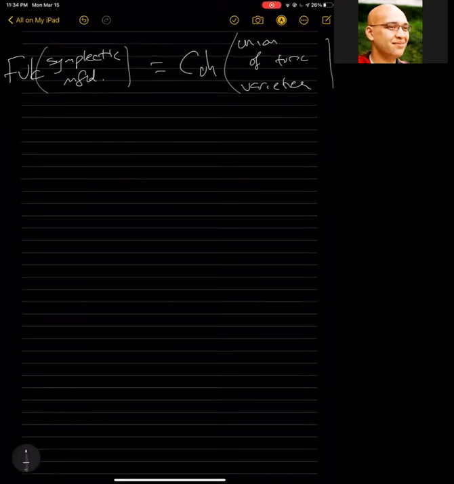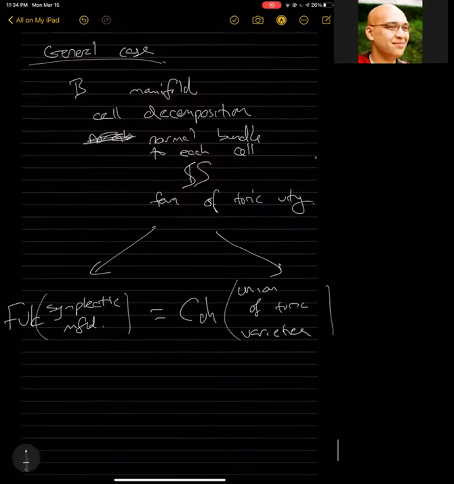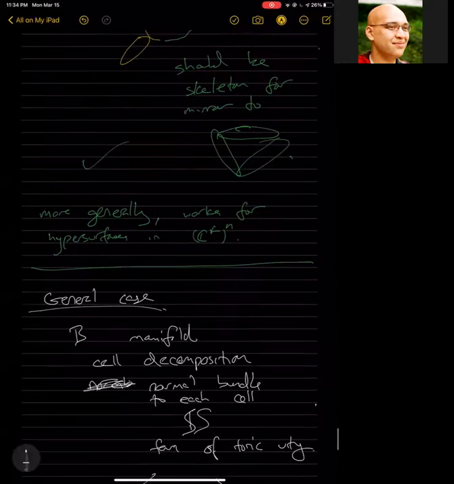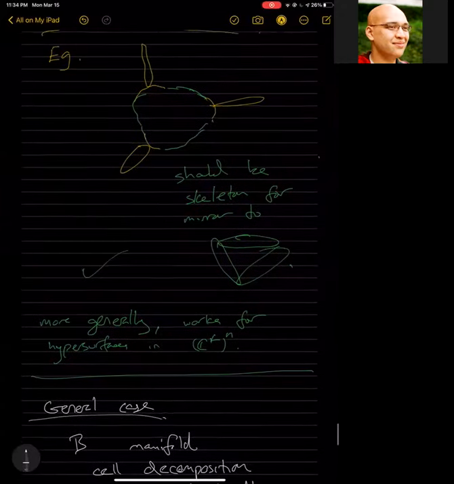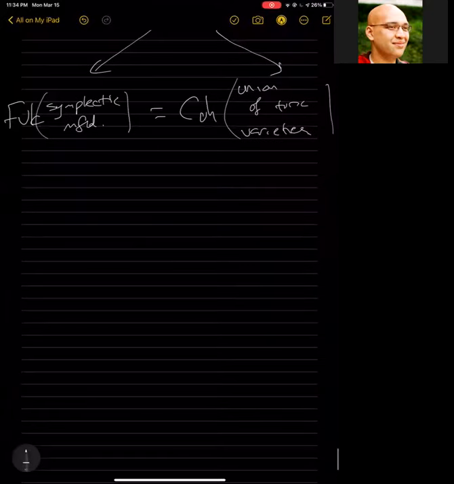And let me just say a few words about how you produce this symplectic manifold. I mean, this talk has been already a bit long. And maybe I'll just draw one cartoon of it. I already drew one cartoon, so I'll just draw the next dimension up cartoon.